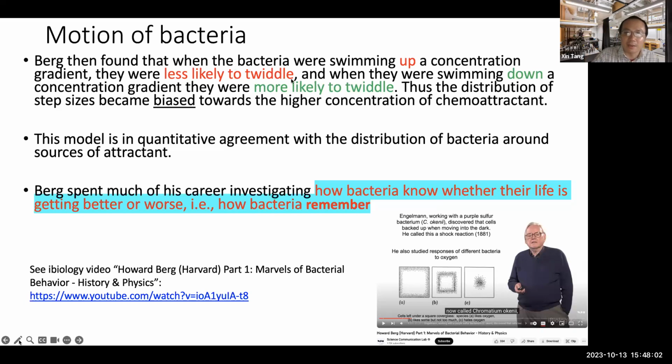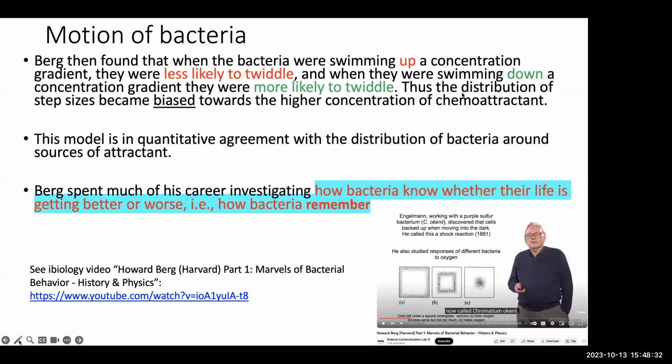So they are less likely to tumble because they don't need to think about other things. Now they just go for one target to get the food. But if they swim down a concentration gradient, they are more likely to tumble because the food concentration becomes less and less. Then their mind gets occupied by other attractions, since there are other food sources. Then they start to tumble and do the cognitive thinking, right?